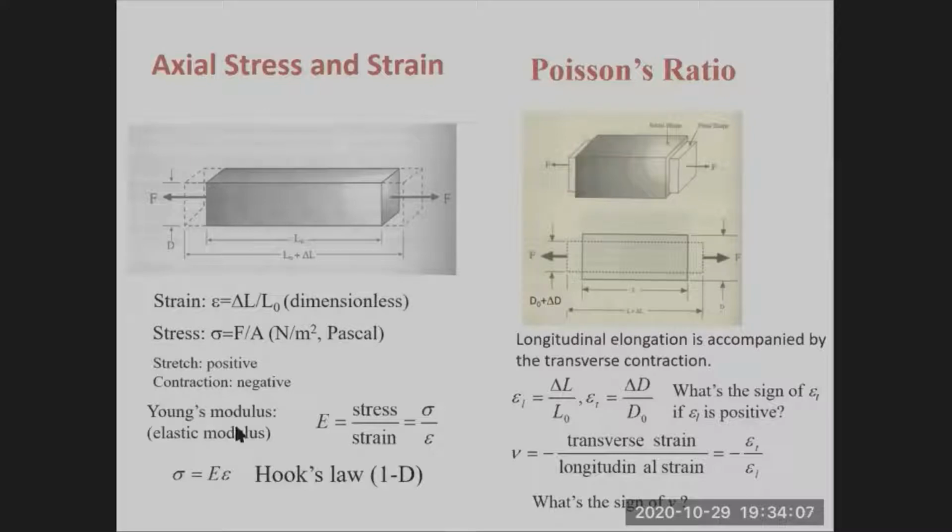And the Young's modulus, modulus of the material, E is defined as the ratio of stress over strain, right? Namely sigma over epsilon. This Young's modulus is typically constant. But then the stress is linearly proportional to strain.